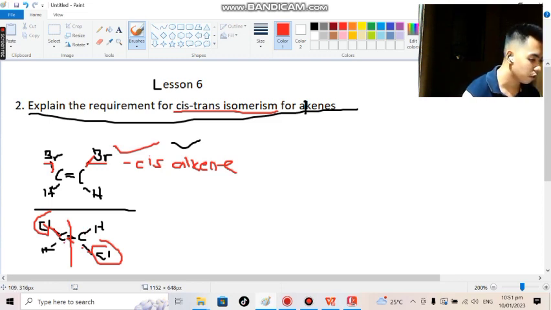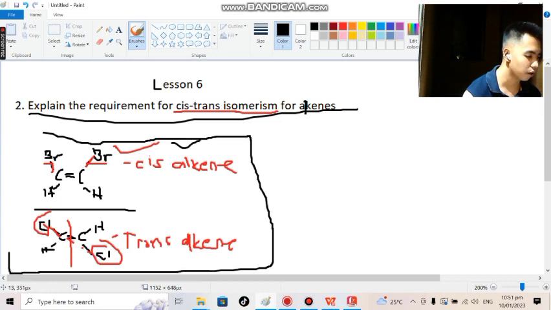So chlorine in the first carbon is in the upper part and the chlorine in the second carbon is in the lower part. This means that this is a trans isomer, trans alkene. Okay, this is an alkene. So on this side, this is the possible side.